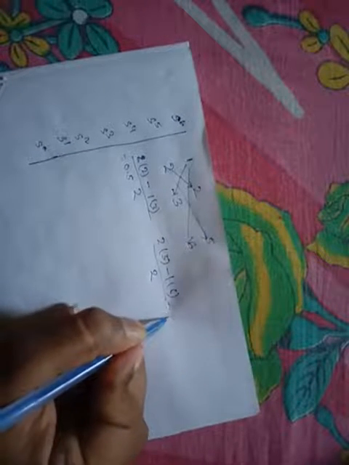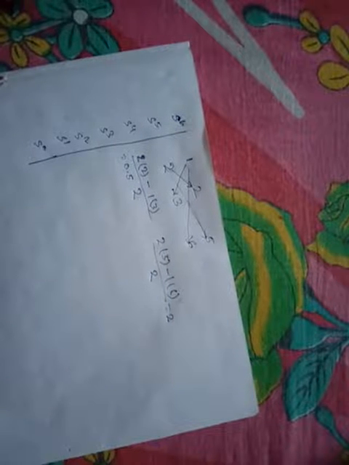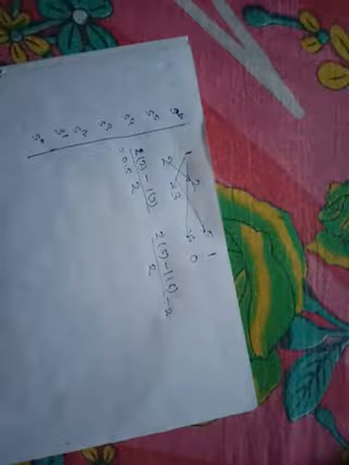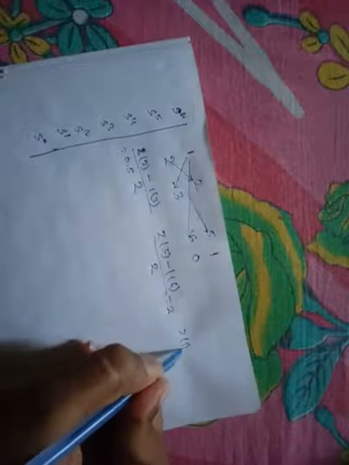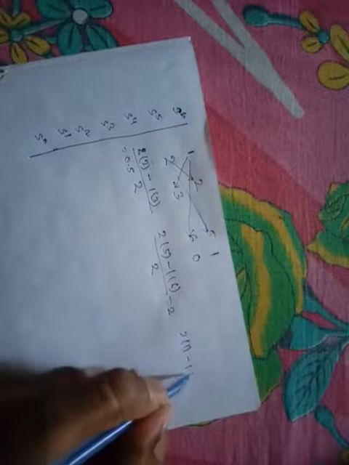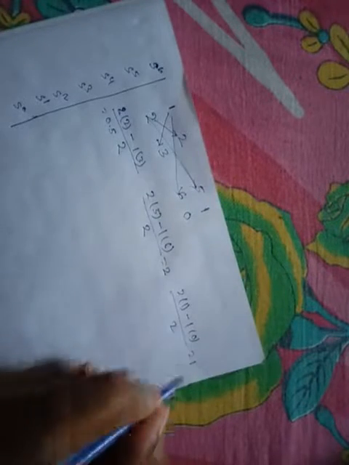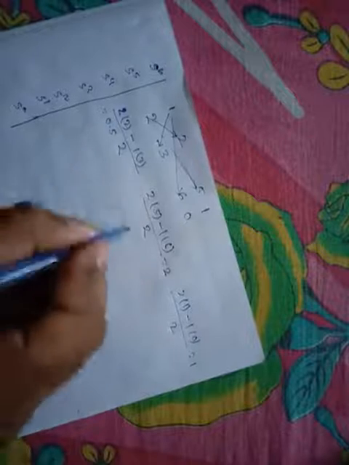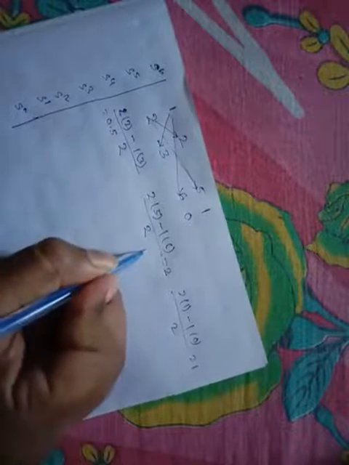The next is 2 times 1 minus 1 times 0, divided by 2, the result is 1. So for s to the power 4 the row is 0.5, 2, 1.